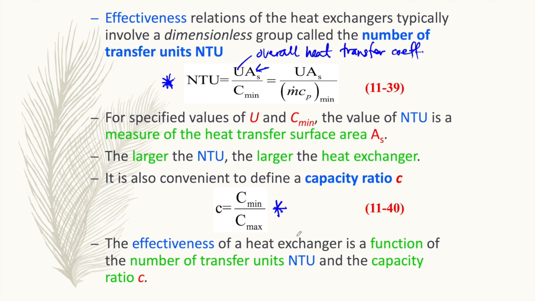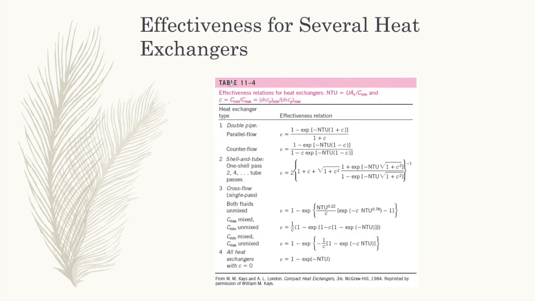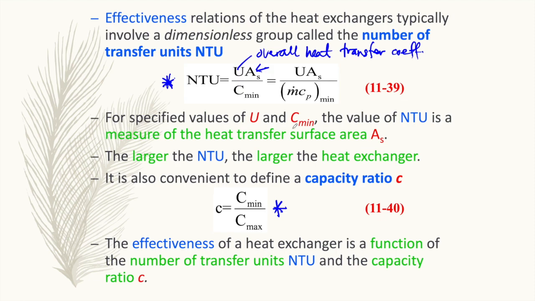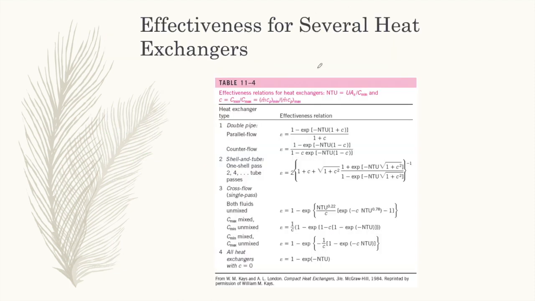The effectiveness of the heat exchanger is a function of the number of transfer units NTU and the capacity ratio. So for you to calculate the effectiveness, you have to know the value of NTU and the capacity ratio. If you calculate NTU or C, then you will refer to this table. We have two types of table.